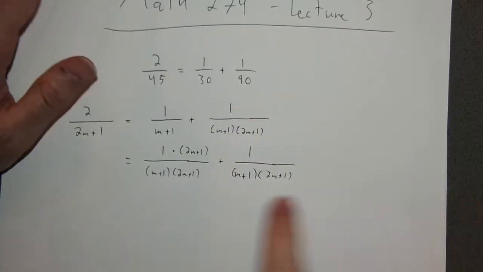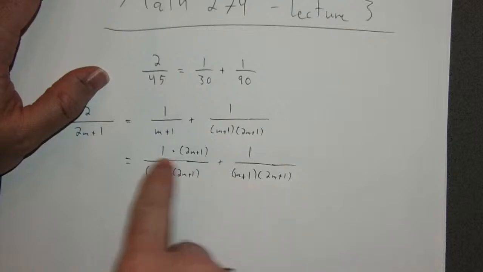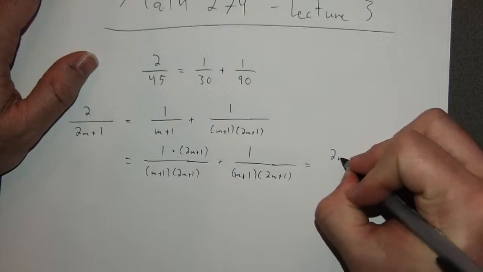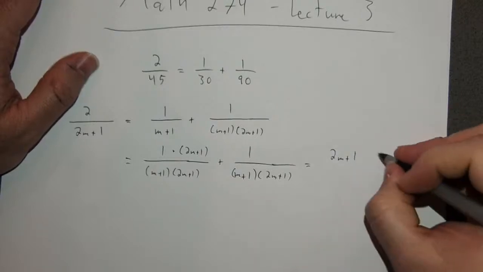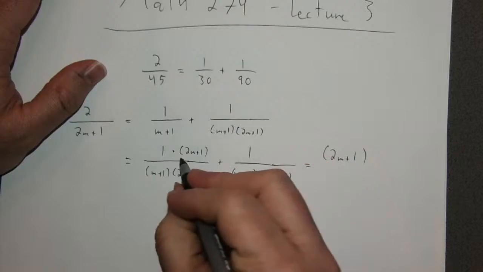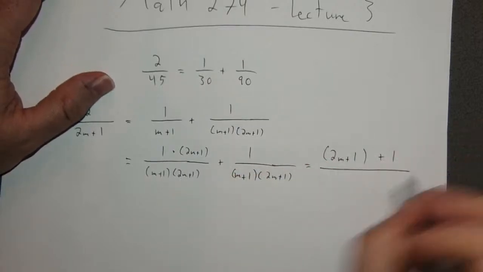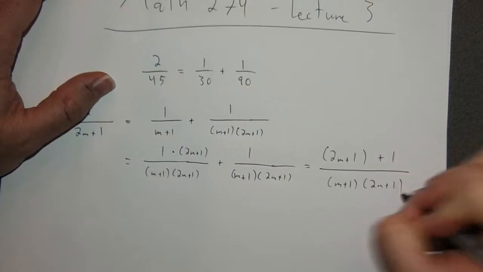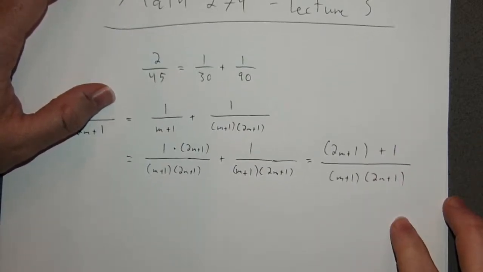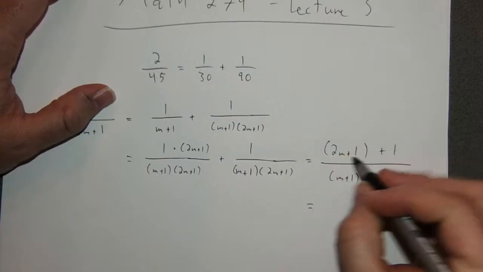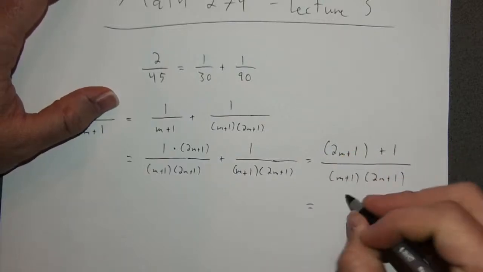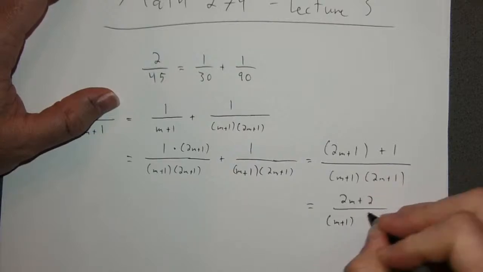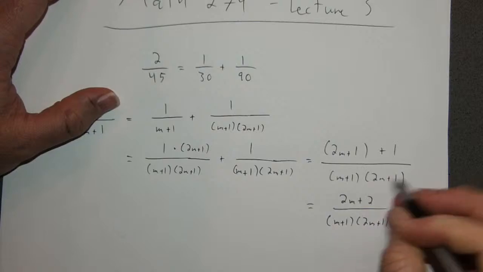Now I have the same denominator, so I can do the sum on top. Here I have 2m plus 1 plus 1, so that is 2m plus 2 over m plus 1 times 2m plus 1.